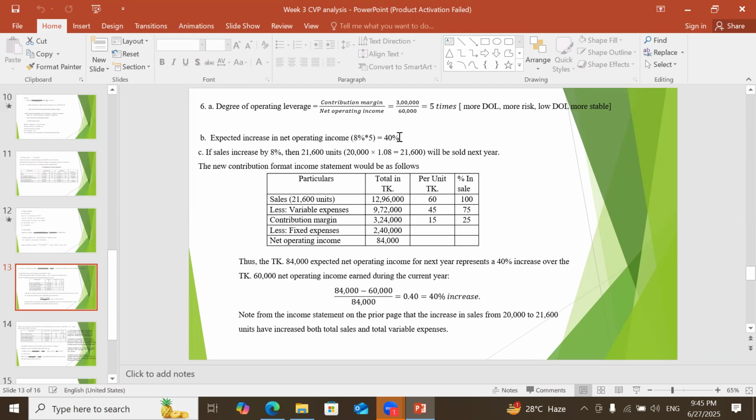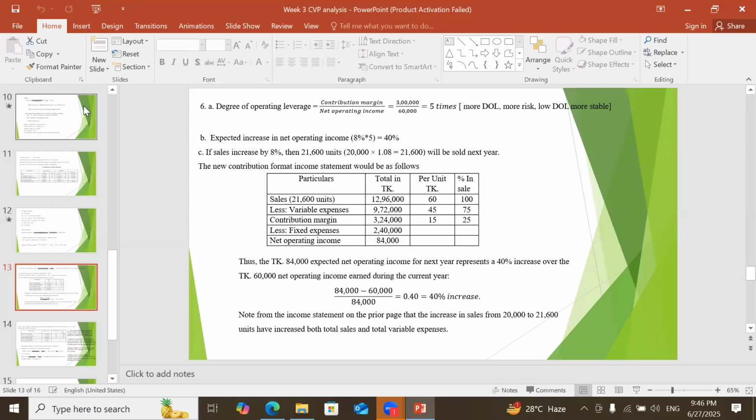Net operating income will increase by 40% if sales increase 8% next year. This is the formula of DOL, degree of operating leverage. I think there is no question on 6.B.